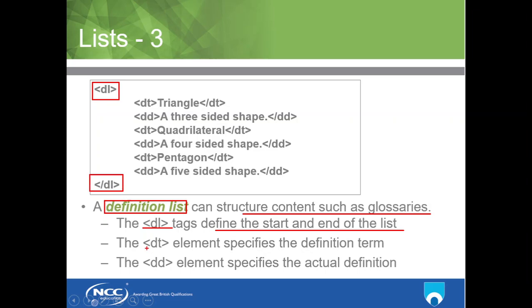Then you have DT for definition term, which specifies the term. Then we have DD, which is used to specify the actual definition. Let's see how it has been used in the example. Triangle is enclosed inside the DT. Then we want to define the triangle as a three-sided shape, so we enclose it inside DD. That is how we use the definition list.